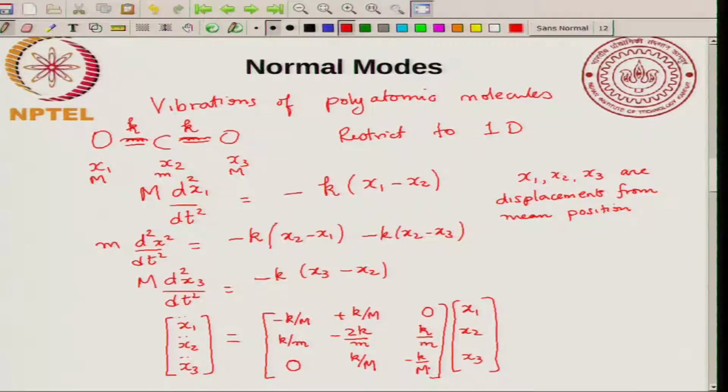I wrote these 3 equations in this form, and when you calculate the normal modes, this is a system of linear second order differential equations with constant coefficients, and the general solution can be written as minus omega square x1, x2, x3.